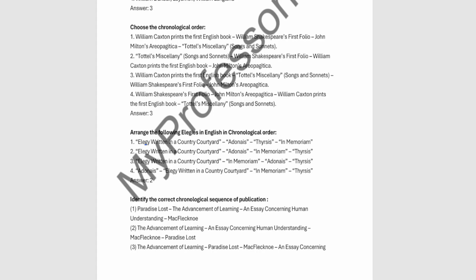You simply have to remember their publication dates. So what you can do, while you are solving these questions, is start writing their publication dates along with them. For example, we have In Memoriam; under the bracket write its publication date. Sometimes just create brackets in your mind and write imaginary dates in your imagination.